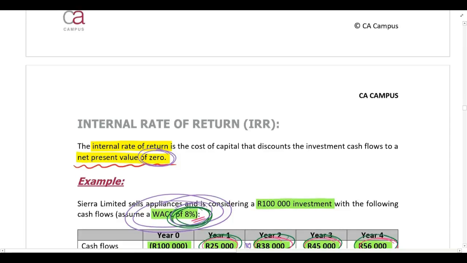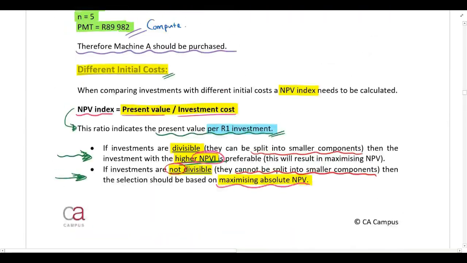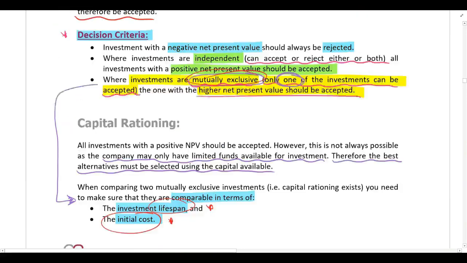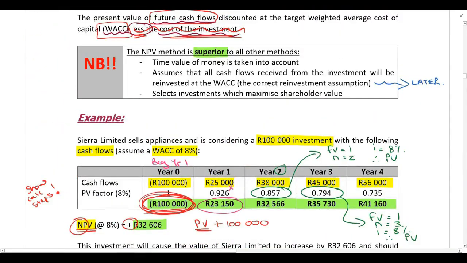Now, guys, I want you to go back. When we discussed the net present value method, I said to you that the NPV method is superior to all other methods. I said to you we're going to come back to this a bit later. You can now see the net present value method assumes that all cash flows that are received from the investment will be reinvested at the weighted average cost of capital.